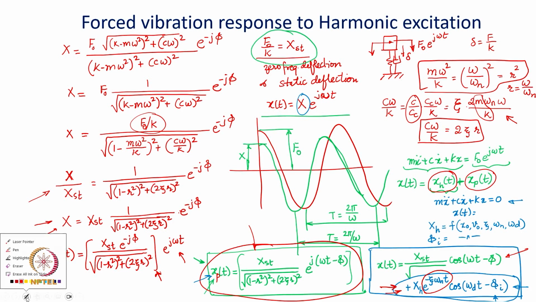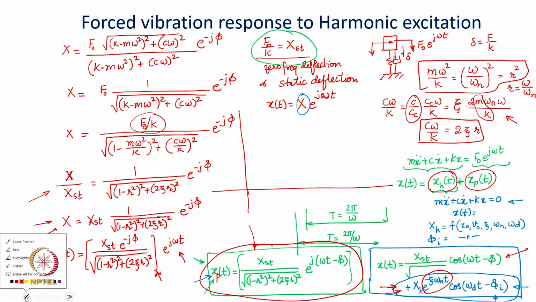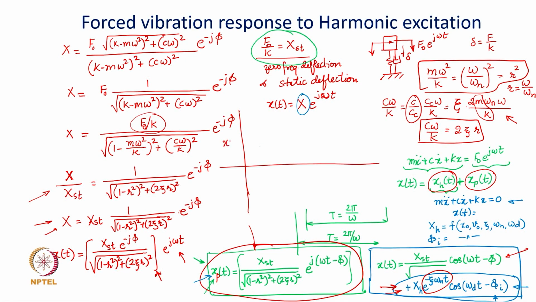So, if I want to show this response, I think it would be interestingly shown in this particular graph itself. So, if I plot now the entire solution, which is x of t as a function of time, I could get a response something like that.